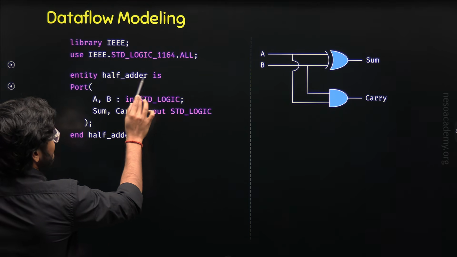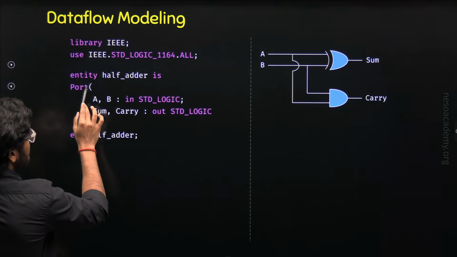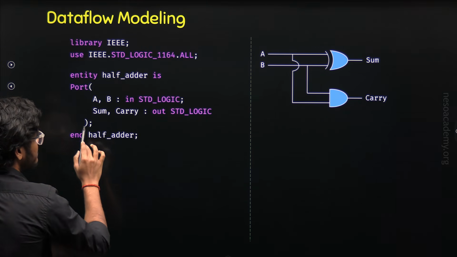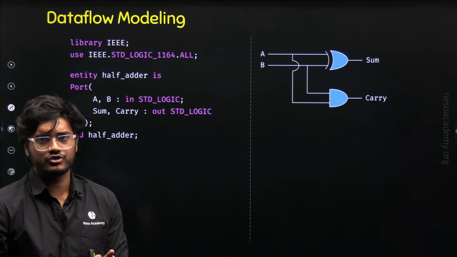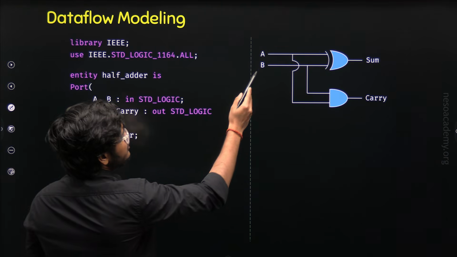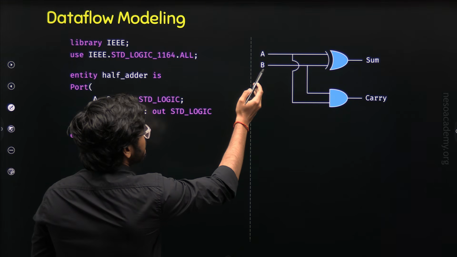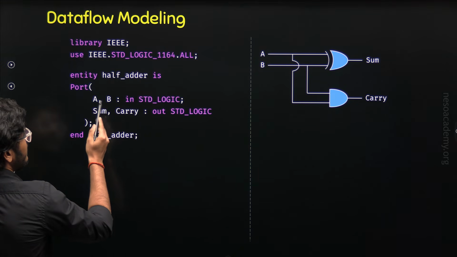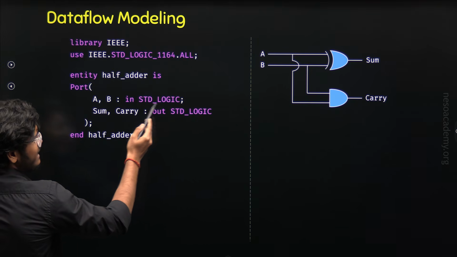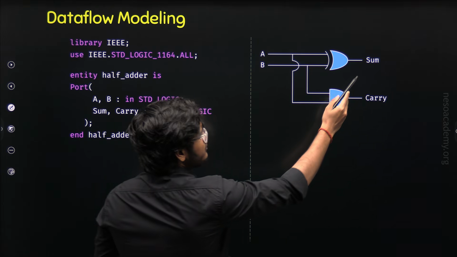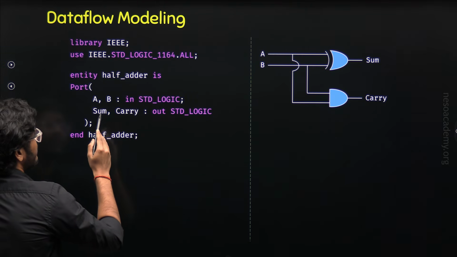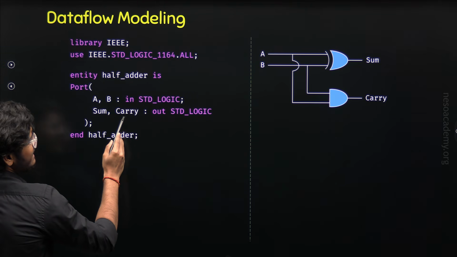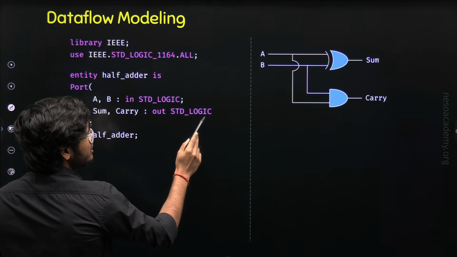After entity half_adder comes the keyword port, and inside the parentheses we will declare the input ports and output ports. Here we have two inputs, A and B, so I am writing A and B as in std_logic. We have two output ports, sum and carry, so I am writing sum and carry as out std_logic.